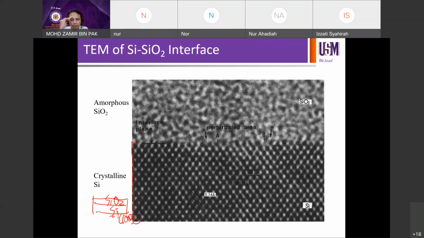Is the arrangement periodic or is there no period at all? It's not messy, right? You can see the crystalline arrangement is very, very periodic, very well arranged because it's 100. It has only one crystalline orientation. So that is the silicon that we have grown from the ingot and cut into wafers.